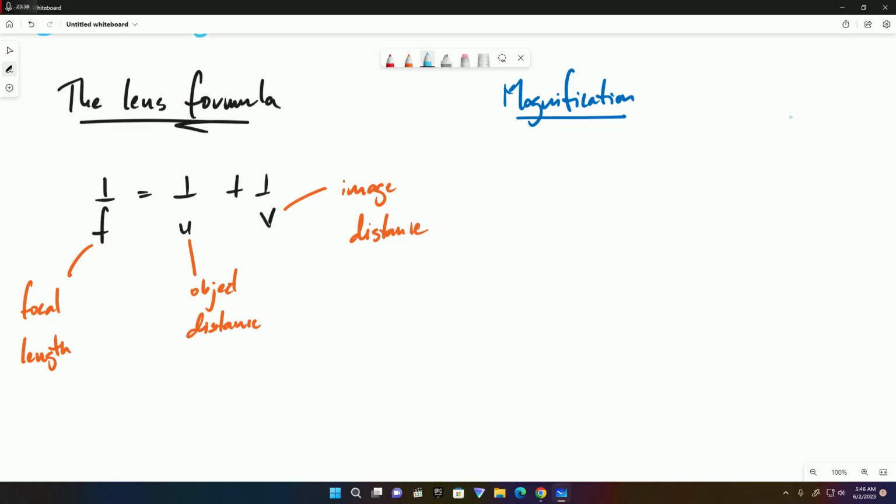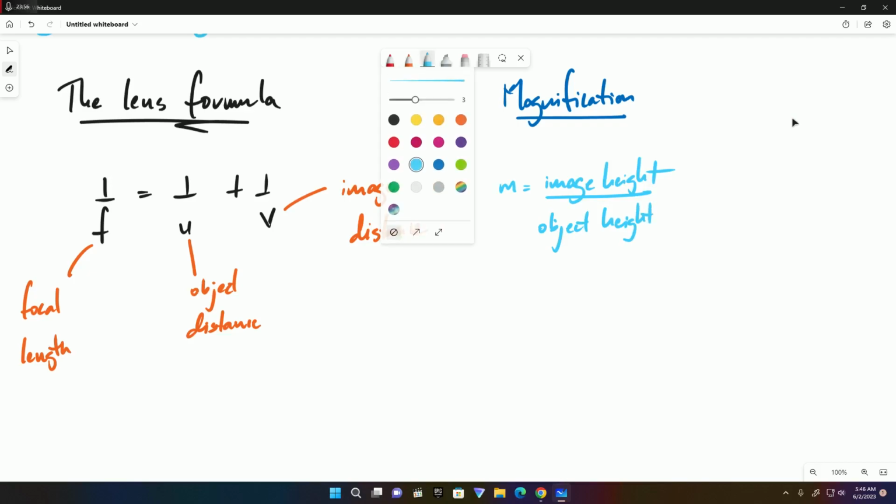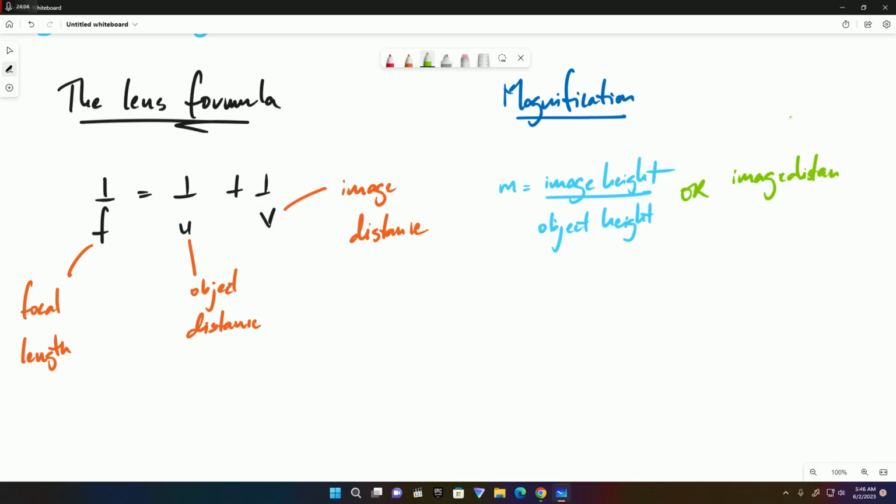It is, I think, commonly M, and it's image height over object height, or image distance, we've seen this term before, v over object distance, u.